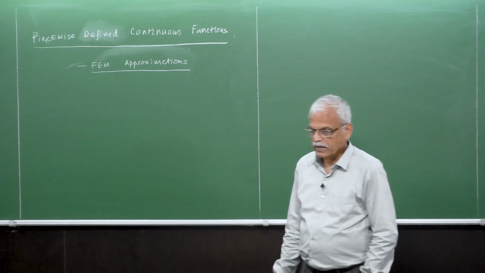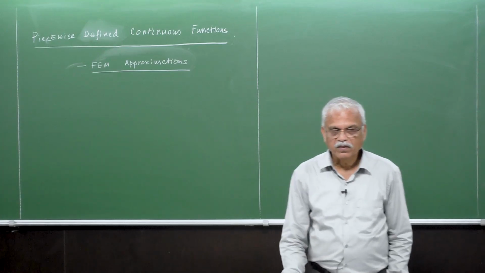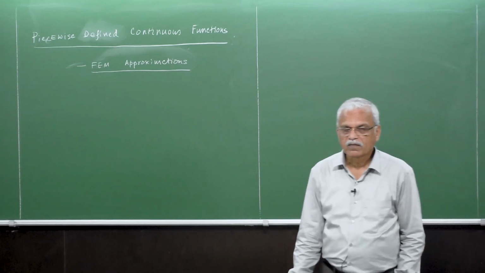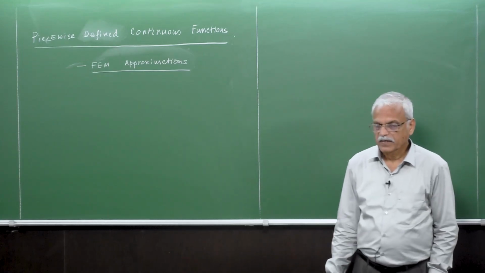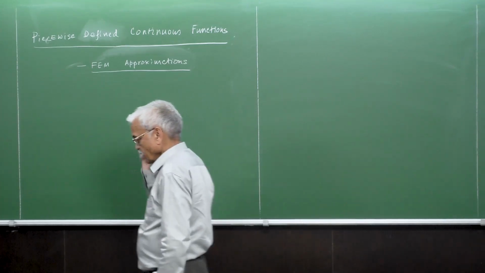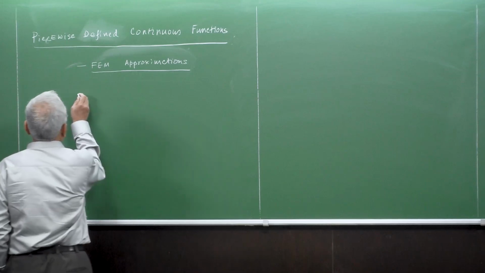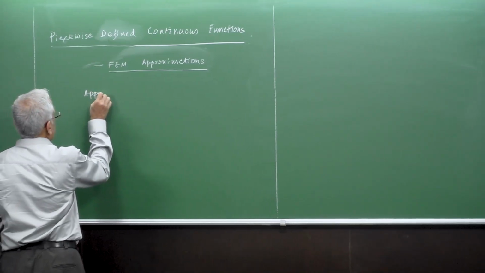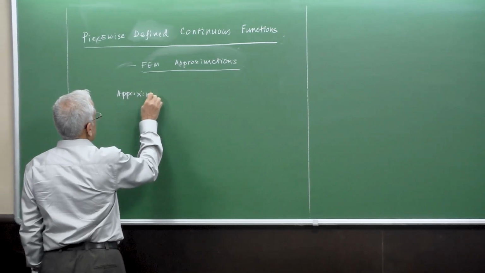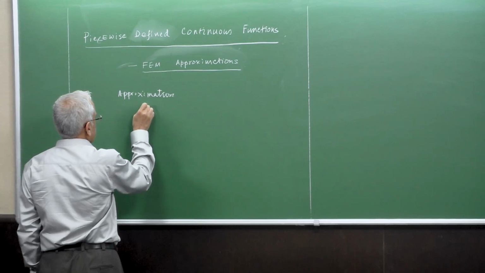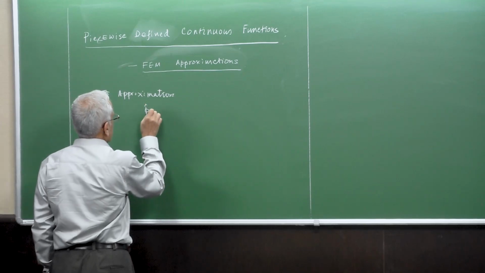So what we mean by this is that until now we talked about so many approximations, including variational formulation and the method of weighted residuals. In all those, if you recall, we were looking at the approximation in terms of phi hat, say of x, y, or anything.